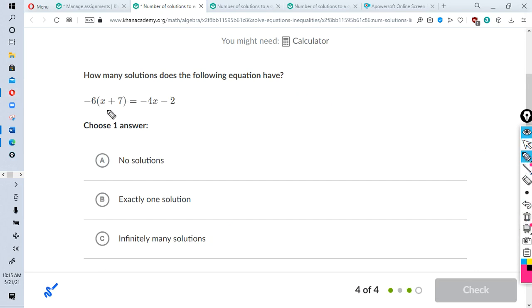So here we have to distribute. -6 times x is going to be -6x. -6 times +7 is -42. And that's going to equal -4x minus 2.